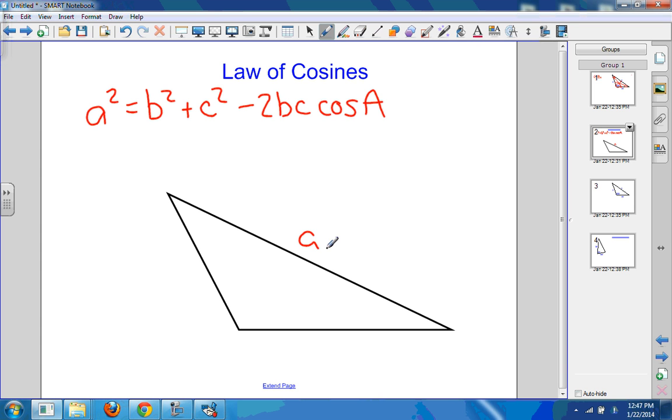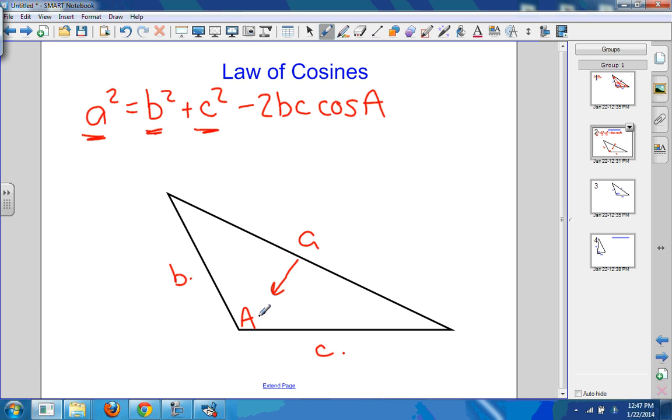It's equal to squaring the two other sides. We'll call these B and C. So if we square both of those, then we subtract 2 times B times C, times the cosine of A. Cosines are always of angles, so A would be the angle opposite the side we're trying to get.